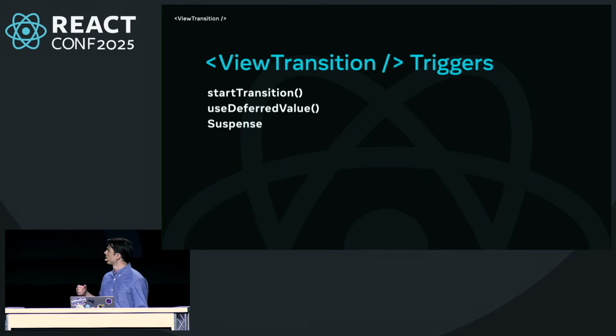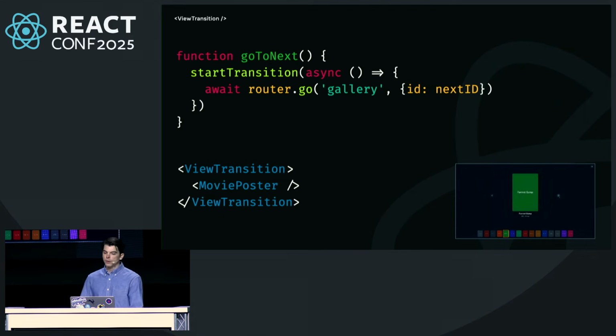The triggers here are start transition, use deferred value, and suspense. And through these APIs, React's concurrent rendering model integrates seamlessly with your animations. And that brings along all the benefits of batched updates and our async coordination. So in the gallery example, clicking the next button will call a start transition with an async action.